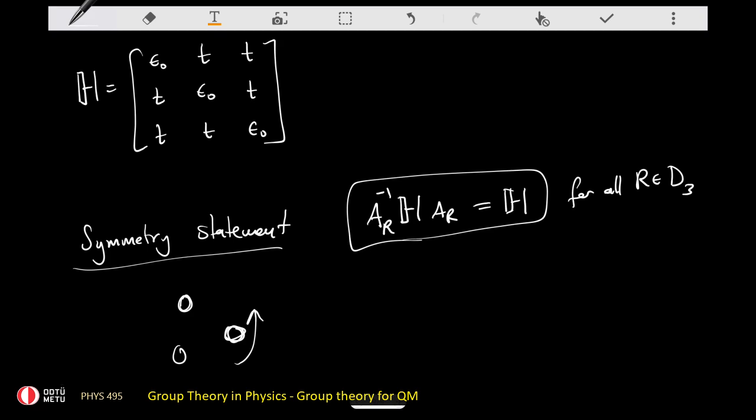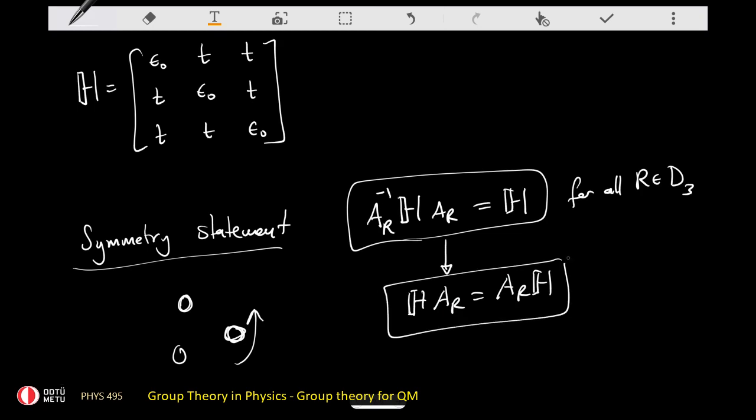So when we do the transformation of the Hamiltonian, you do a similarity transformation like that, right? But I'm not going to show the detailed arguments. Instead, people usually use this commutativity argument. You just need to move this inverse to the other side, and the statement reduces to this: the Hamiltonian commutes with the representation matrices.